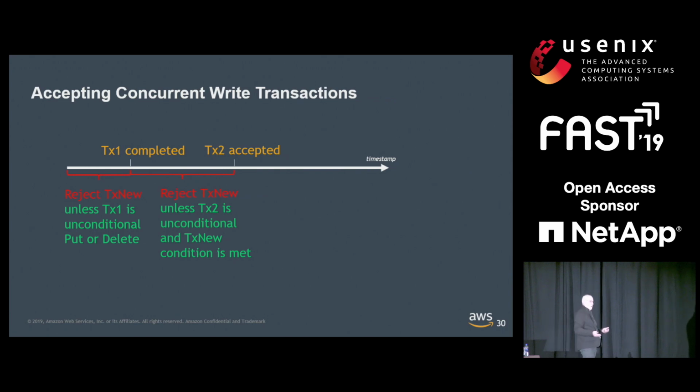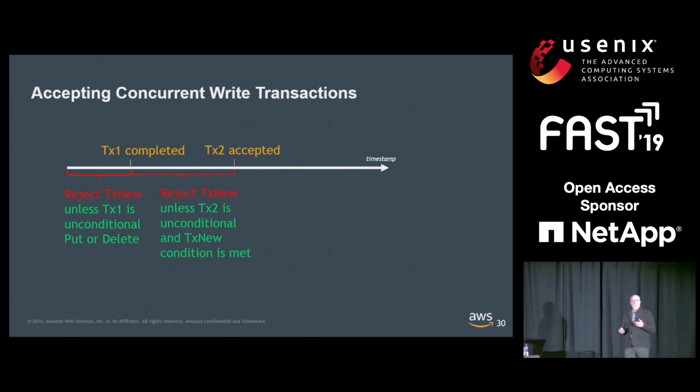But what we can reason is, can this new transaction, TX new, possibly take some action that might violate the acceptance of the already accepted transaction? The only way it could do that is if the already accepted transaction had a condition on this item that it checked and was satisfied, and executing this new transaction ahead of it may have violated that condition. So if TX2 had a condition, then we'll reject TX new.